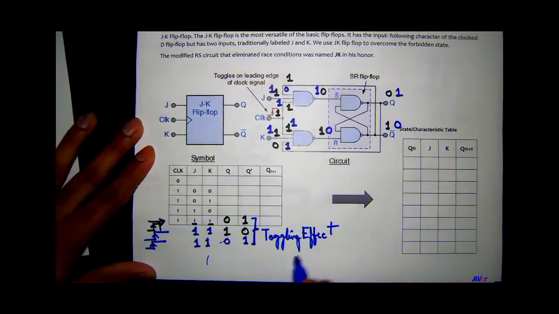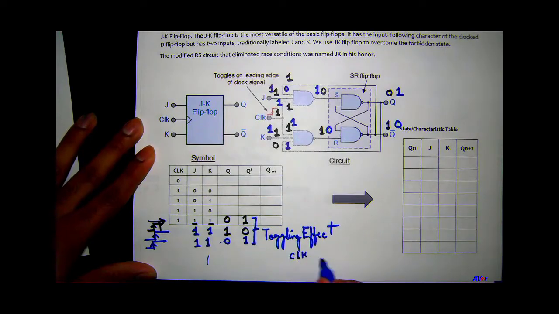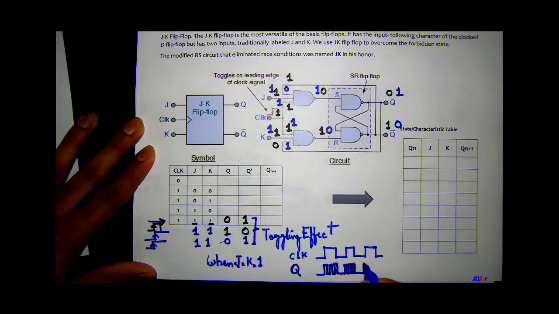What does it really mean is, say you have a clock, okay, and when J and K are high, when J, K both are set to high 1, what would be your output? Q. Okay, well, when the clock goes high, it's going to toggle for the amount of time the clock is high. And it's going to keep on doing that.